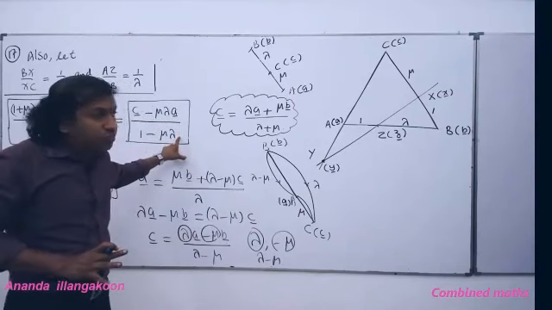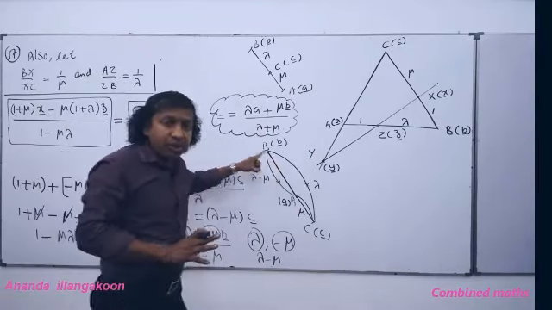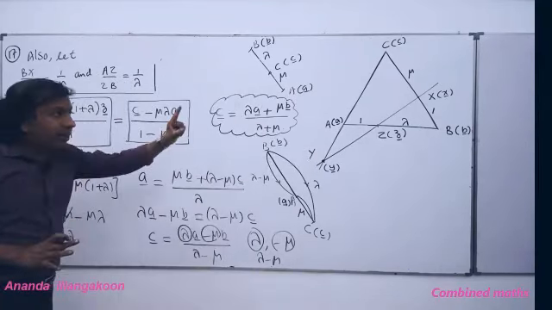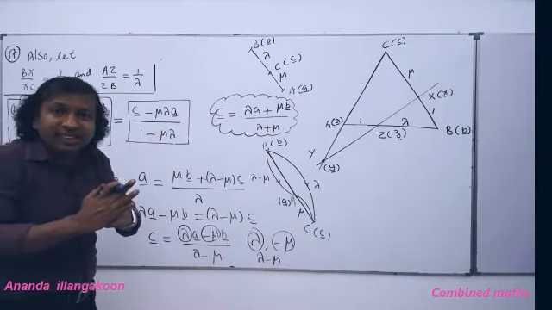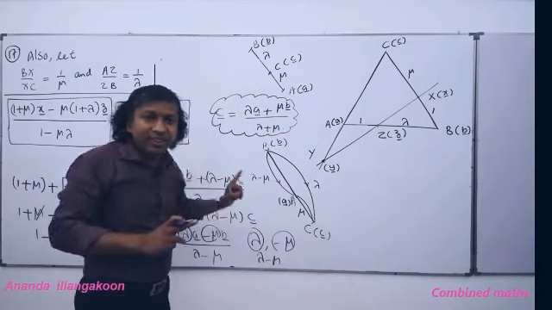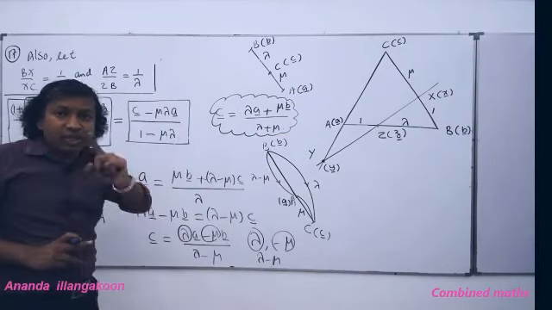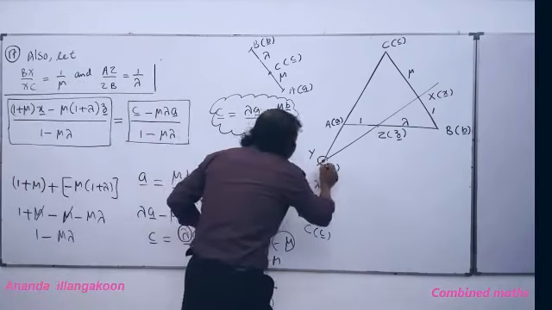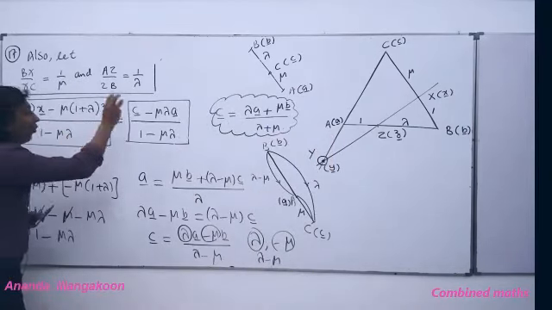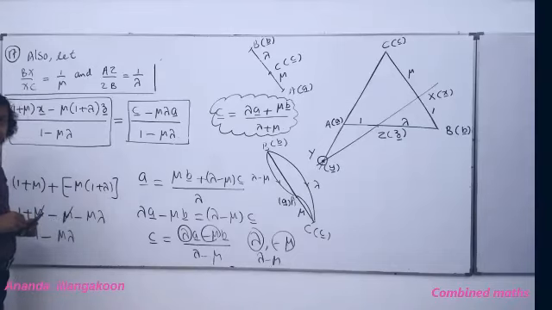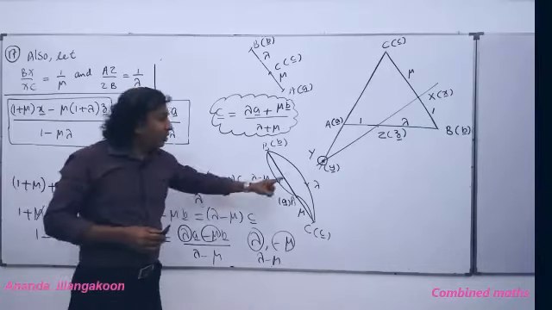But this point should be on the line CA produced, and this point should be on the line XZ produced. Then in both cases, this and this should explain this point Y. So therefore, people, this or this should be the position vector of Y.